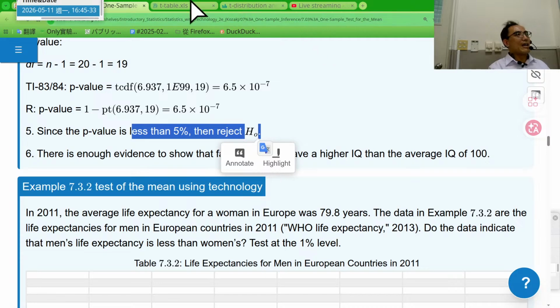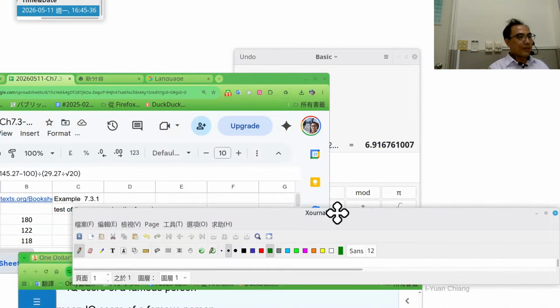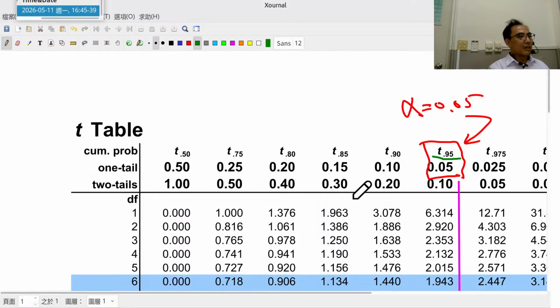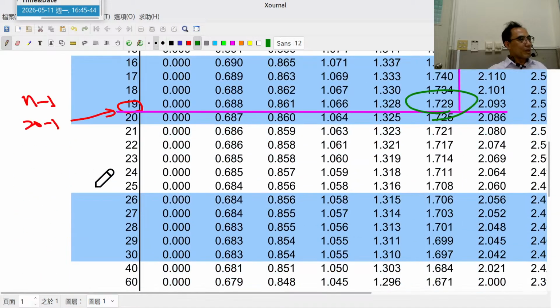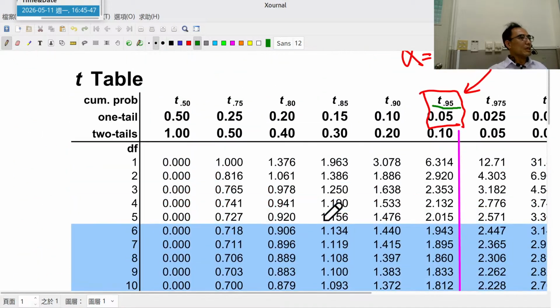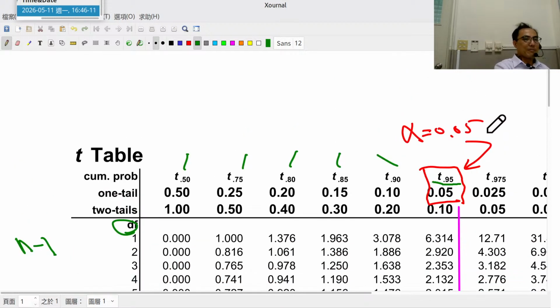So again, now you can practice this one. Again, the t-table. First of all, check the degree of freedom. Degree of freedom is n minus 1. Then select your probability: 0.75, 0.8, 0.85, 0.9, 0.95. 0.95 means the alpha is 0.05.